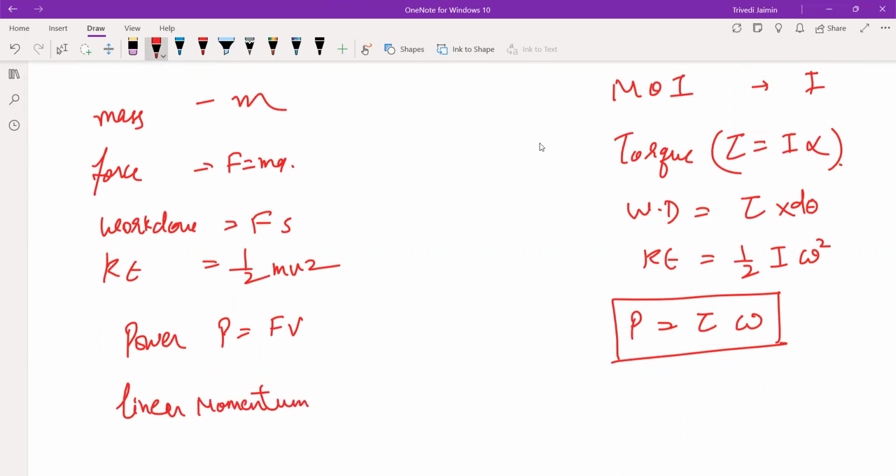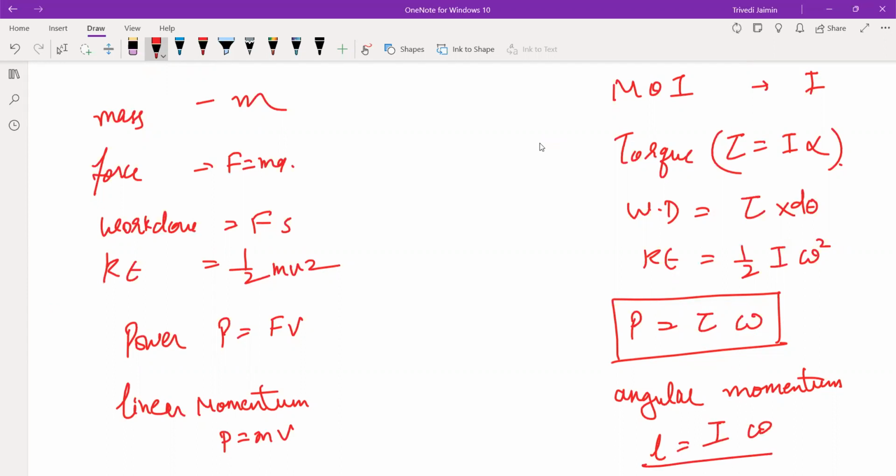Linear momentum will be p equals mv, and angular momentum L equals I into omega.